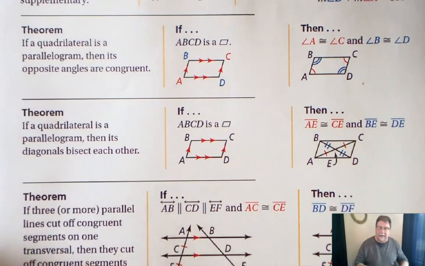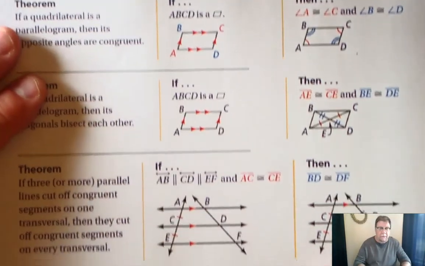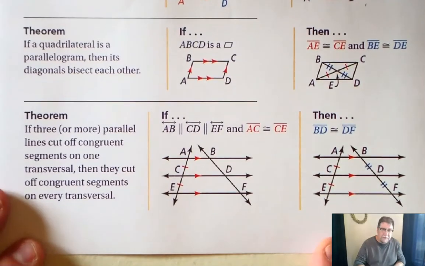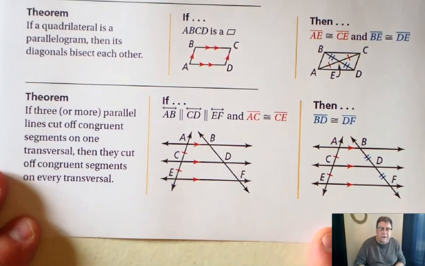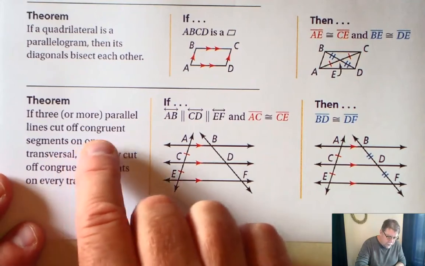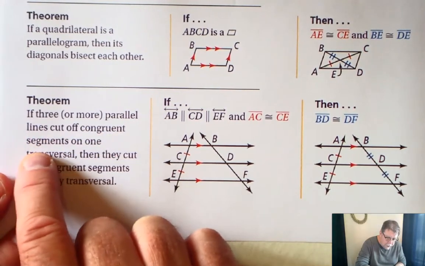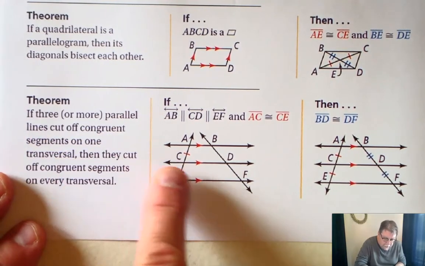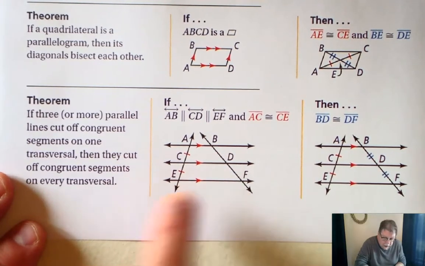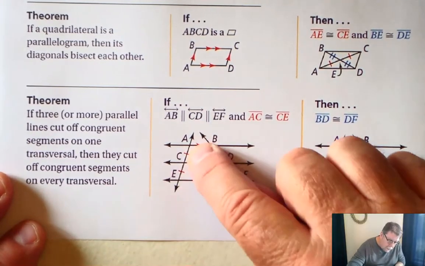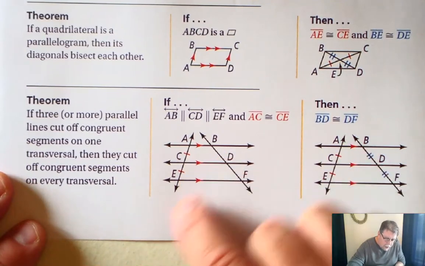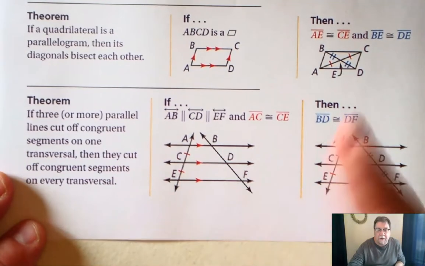The last theorem actually does not involve parallelograms. It involves parallel lines. So if 3 or more parallel lines cut off congruent segments, so I've got parallel lines here, and I'm cutting through them with congruent segments here, then they cut off congruent segments on every other transversal.